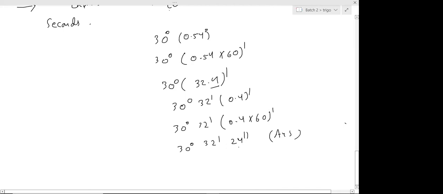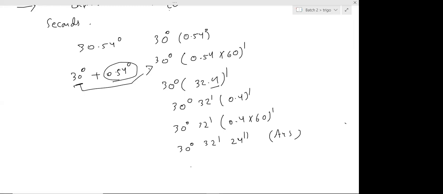Clear, Rahman? Sir, how did you find degrees? See, this was 30.54 degrees. I can write this as 30 degrees plus 0.54 degrees. So this I left as it is, only converted this decimal part into minutes.